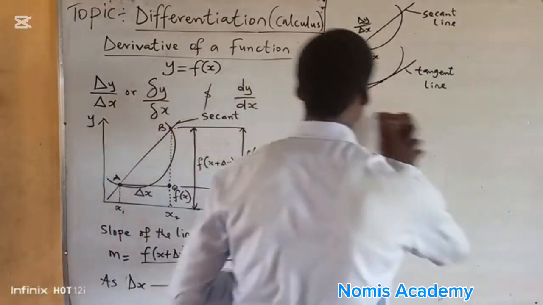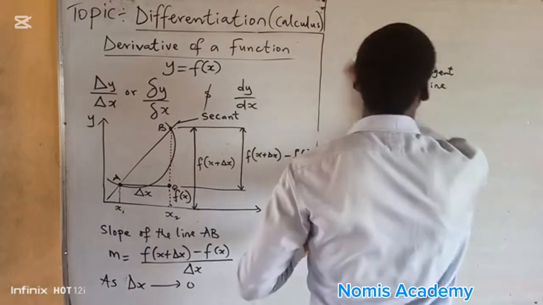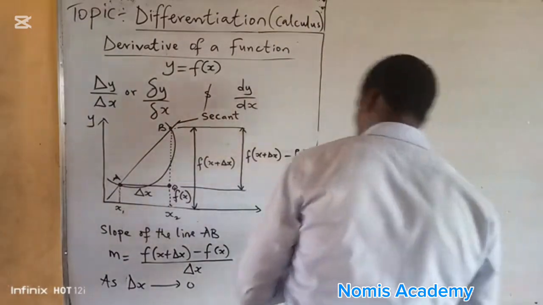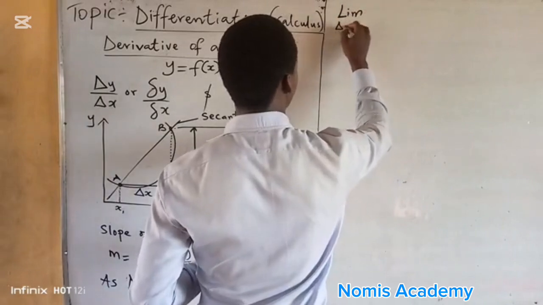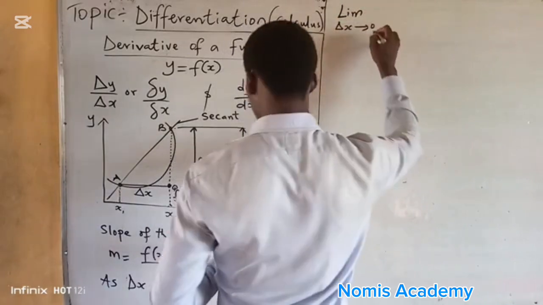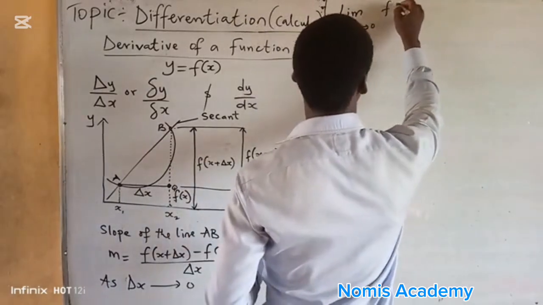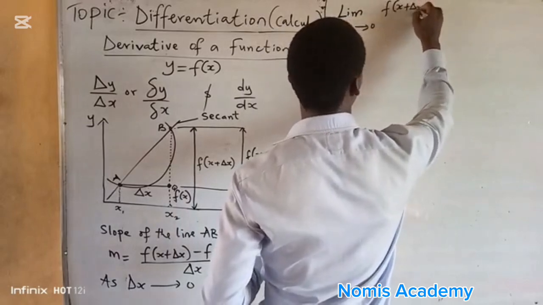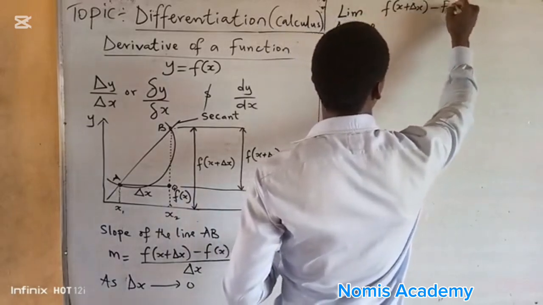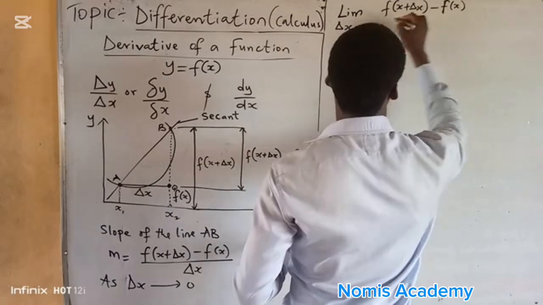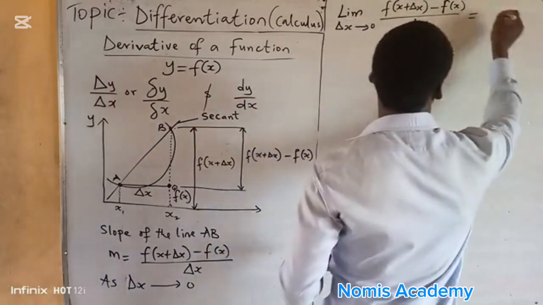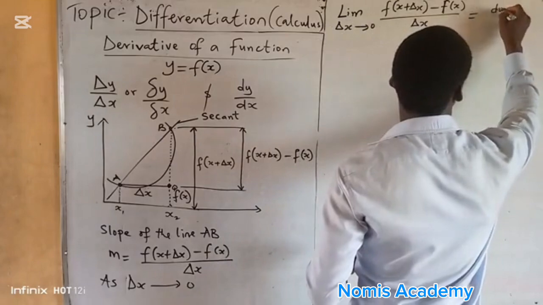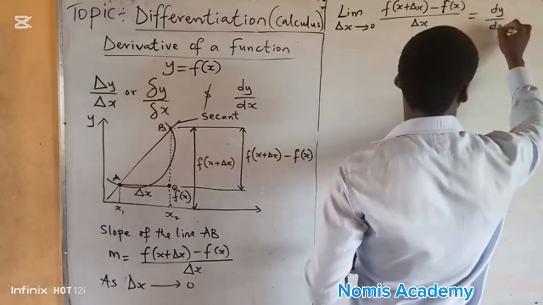Let me clean the board. So we take the limit as delta x tends to 0 of f of x plus delta x minus f of x all over delta x, and this becomes the slope of the tangent.